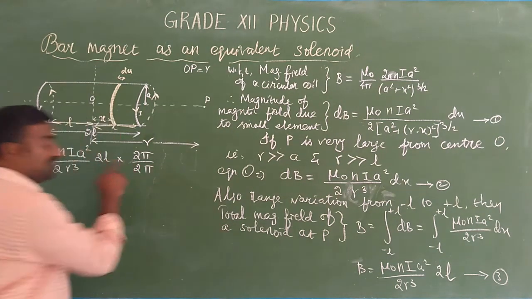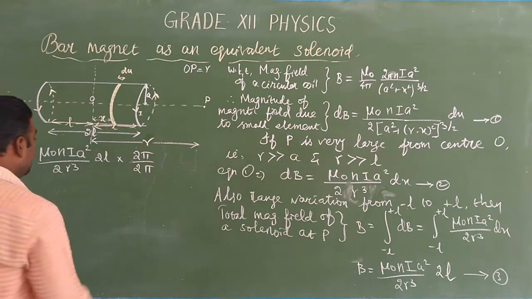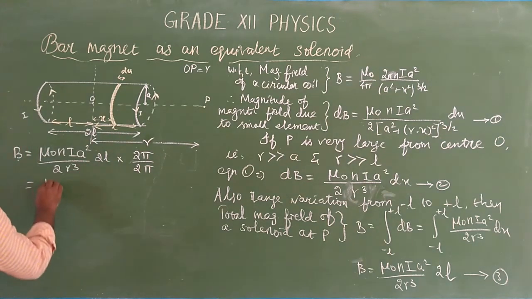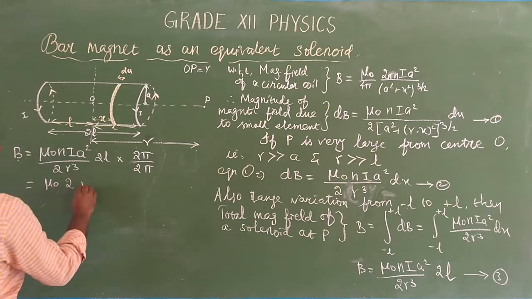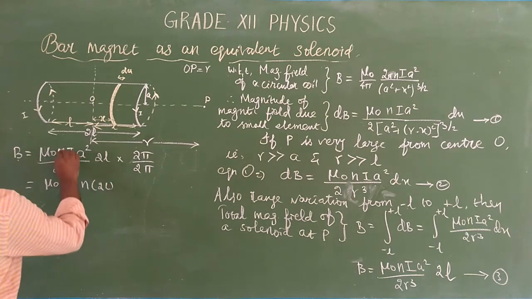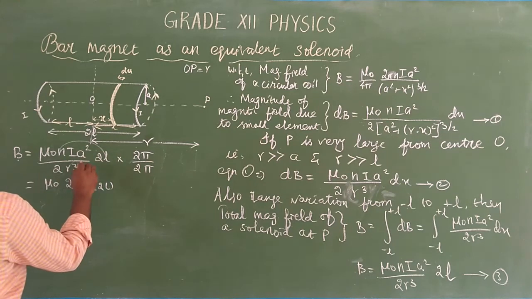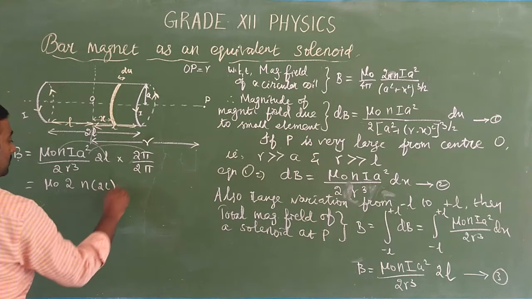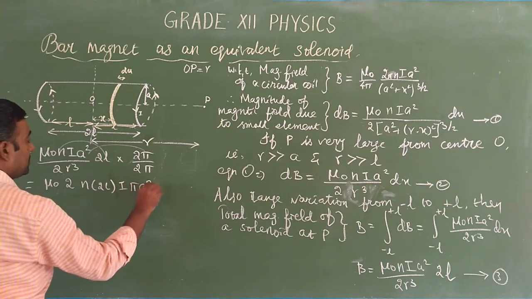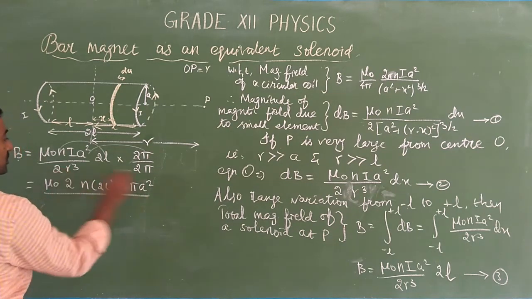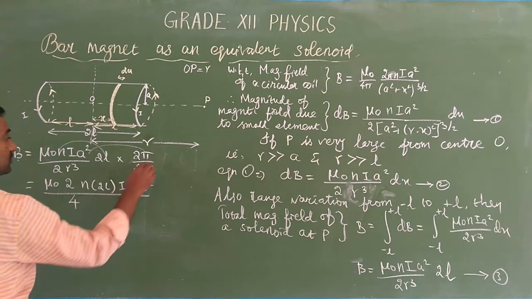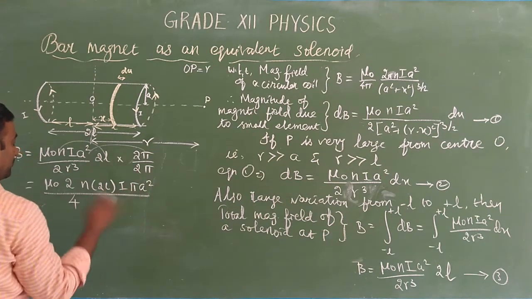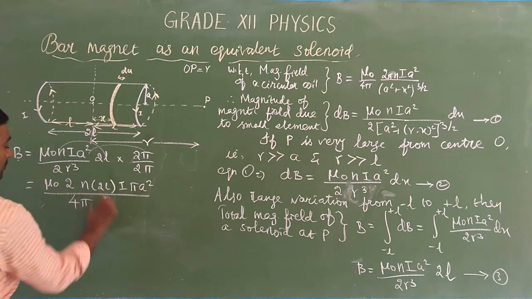When we multiply the equation by a factor, the value does not change, then we can split and write it as mu naught by 2 into n into 2L, and then I into pi into a square, divided by 2 into 2, that is 4, pi and pi cancel afterwards, so 4 pi R cube.